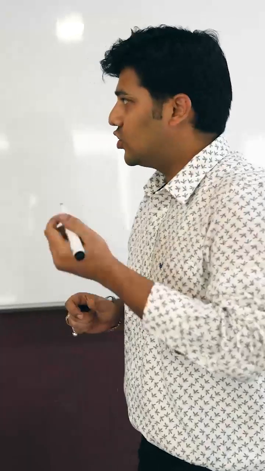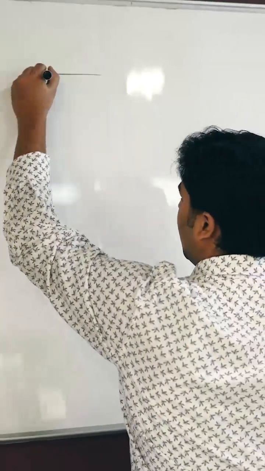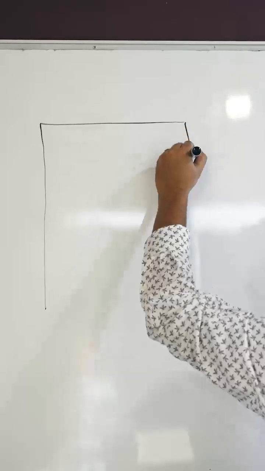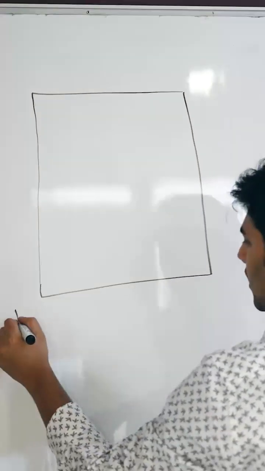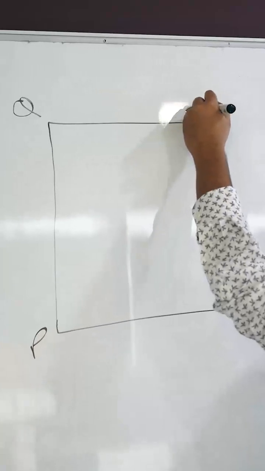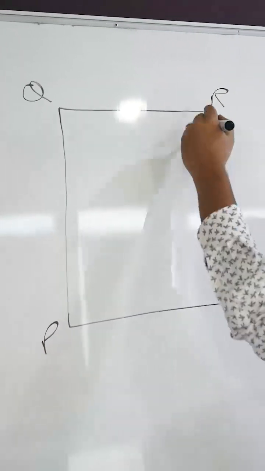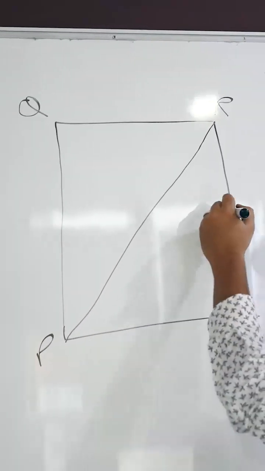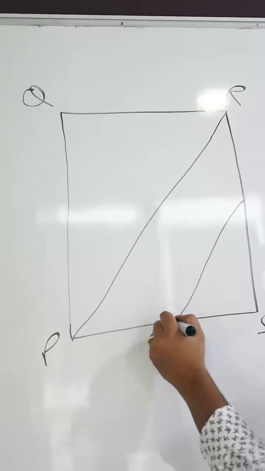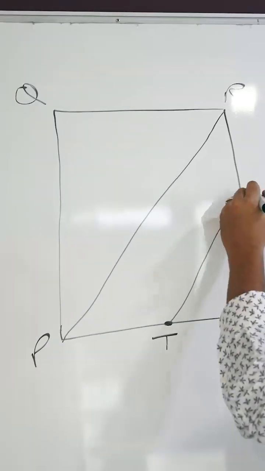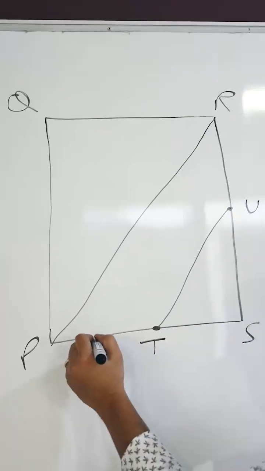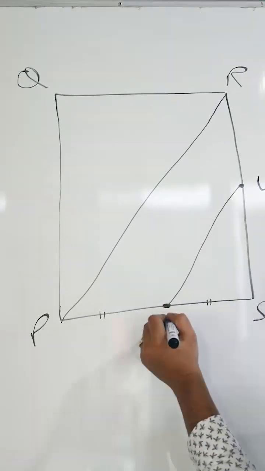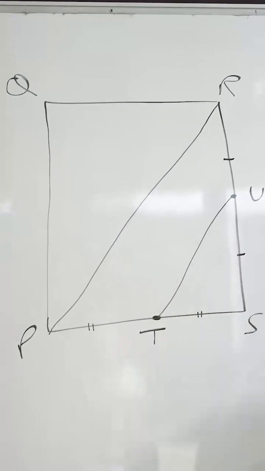Okay. Now let's learn an interesting trick to work on some questions on geometry. Let's look at a question. Let's say this is a square, P, Q, R and S. Now if I join the diagonal of the square, and then I also join T and U. Now T and U, remember, is the midpoint of PS and RS respectively.